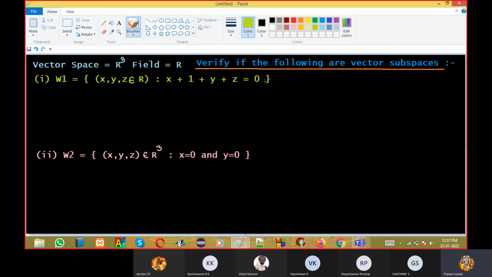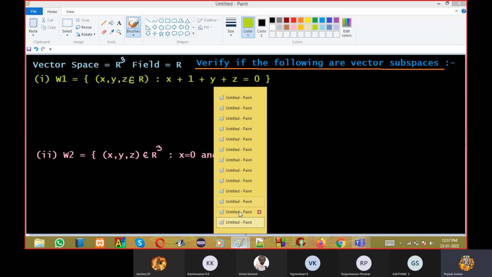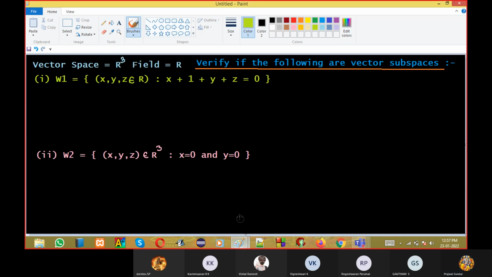These two questions, please solve. Check these three conditions, more than enough. Tell me whether it's a vector space or not.